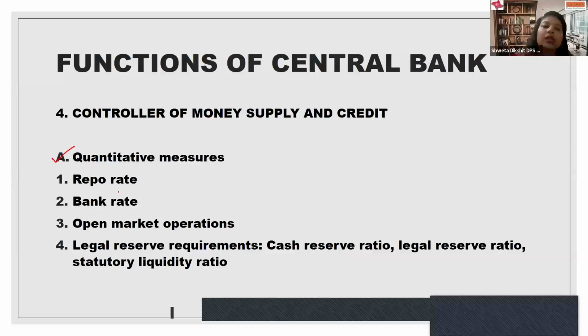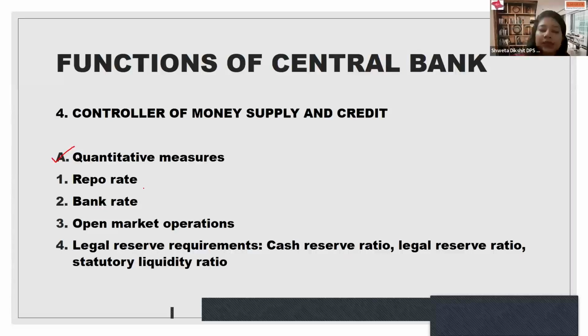Repo rate is the rate at which the commercial banks take loans from the RBI for a short period of time. Bank rate is for a long period of time. So when a crisis like inflation is there, the bank rate, repo rate, reverse repo rate and open market operations are all increased.